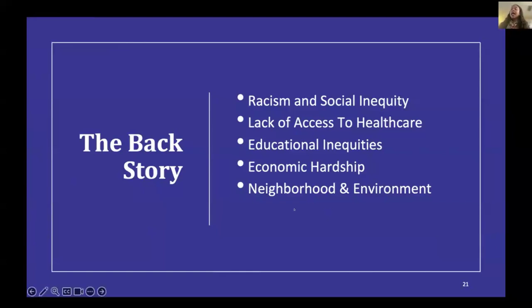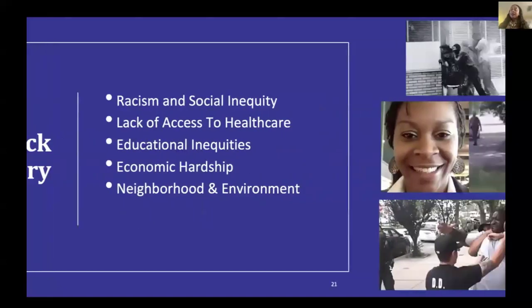There's a lack of access to healthcare, educational inequities, economic hardships, and neighborhood and environment may not always be a very positive place to live or raise your children. When you're faced with all of these challenges and barriers, it's going to create tension, and that tension unfortunately can lead, and often does lead, to violence in the home. Next slide.